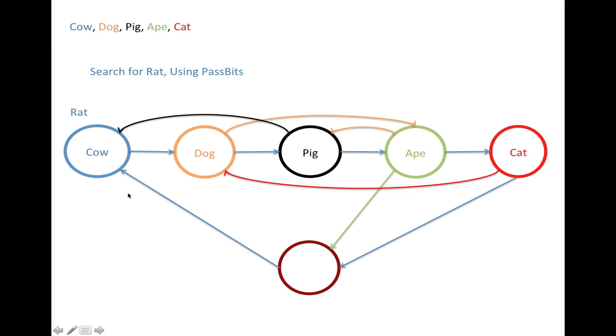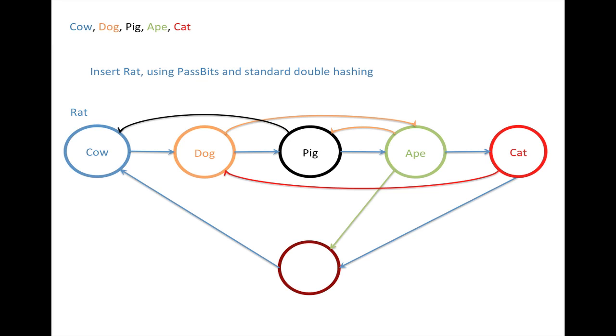We compare it to cow, and we see that it's not equal to cow, and we also see that the pass bit is false. So that means that we're done, and because we didn't find it in this place, rat cannot be in the table.